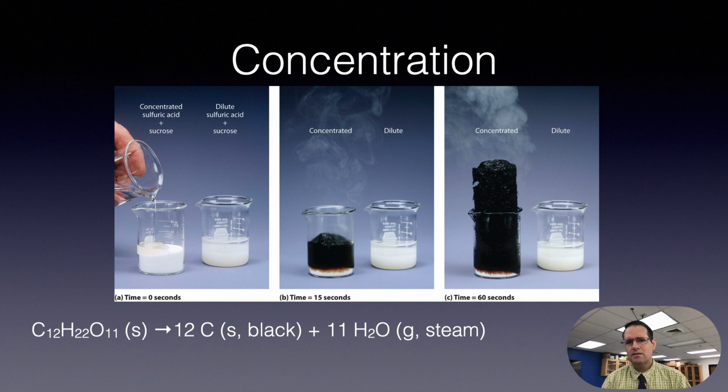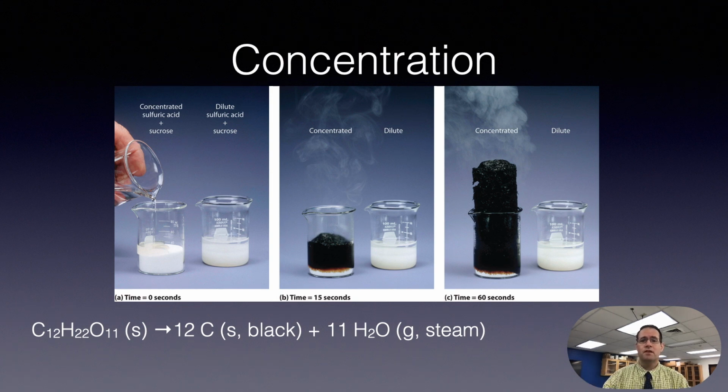You can actually see little water steam coming off of the lump of carbon there. So anyway, dilute sulfuric acid, in the beaker on the right, just seems to sit there, nothing happens.